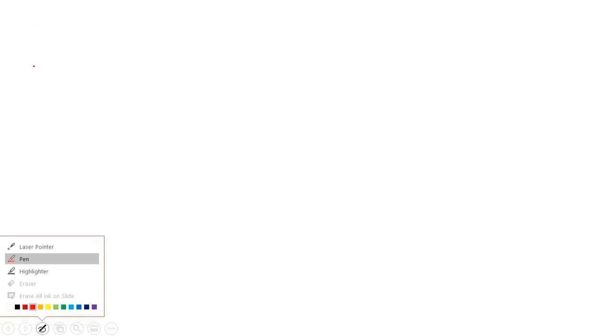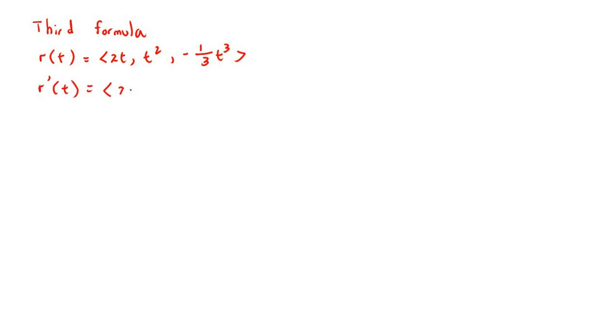Using the third formula, R t is 2t i, t squared j, negative 1/3 t cubed k. Then R prime t is 2i, 2t j, negative t squared k.